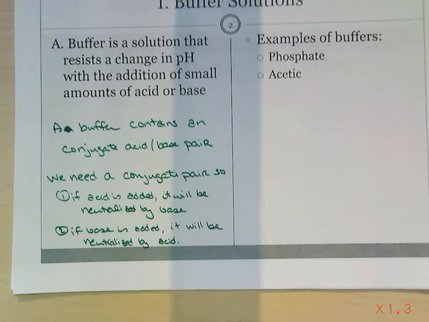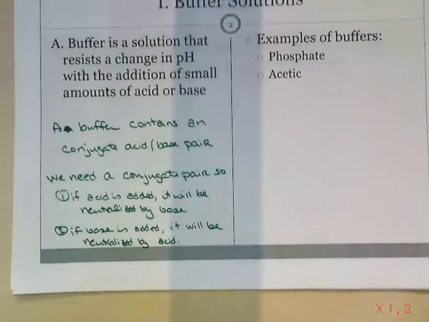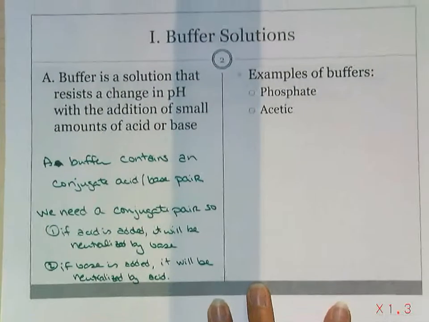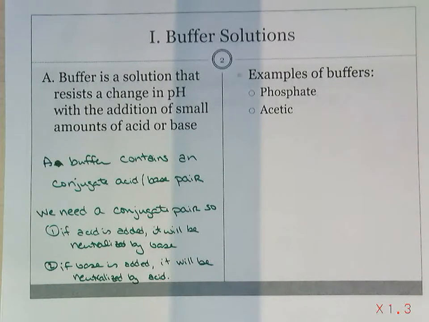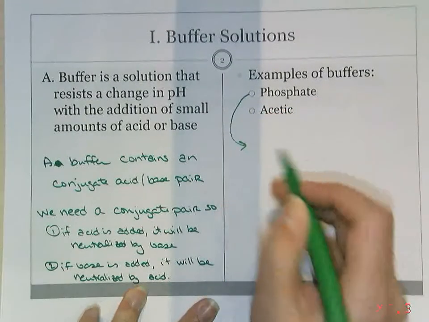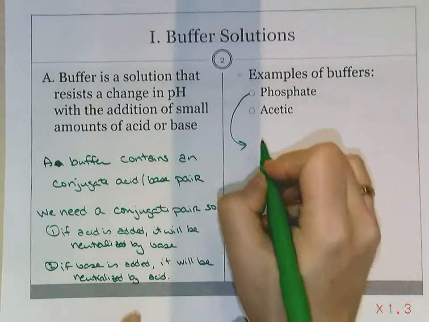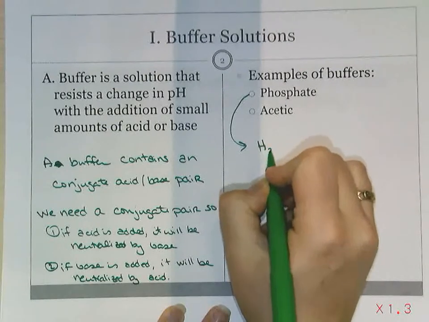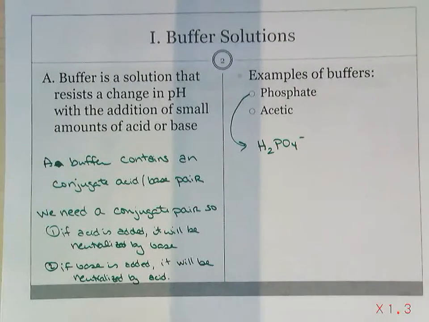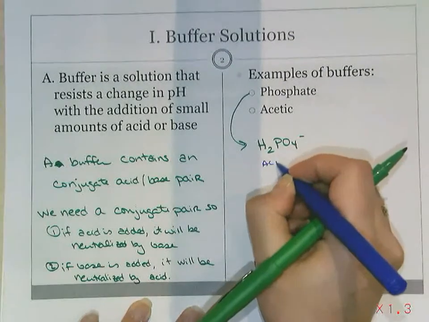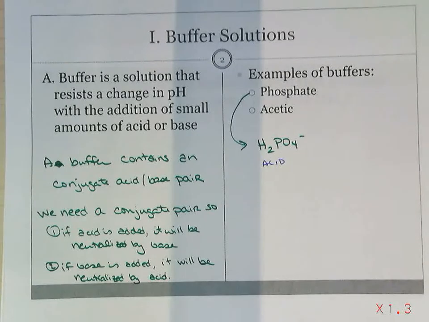So how does this work out practically? Two common buffers we're going to talk about a lot are phosphate buffer and acetic acid buffer. Let's look at phosphate buffer first. Let's say I have this version of the phosphate ion, the dihydrogen phosphate.